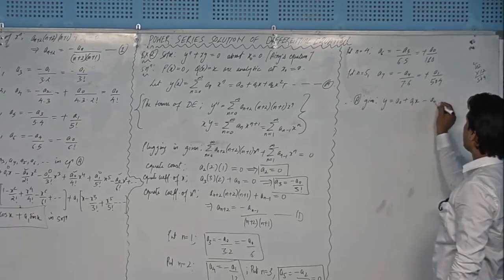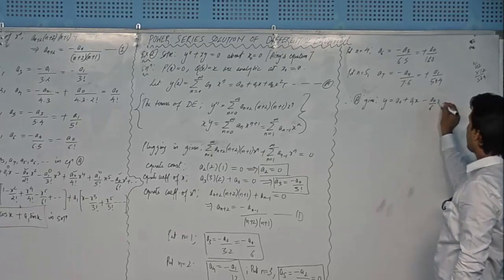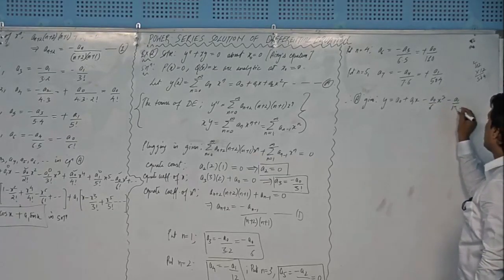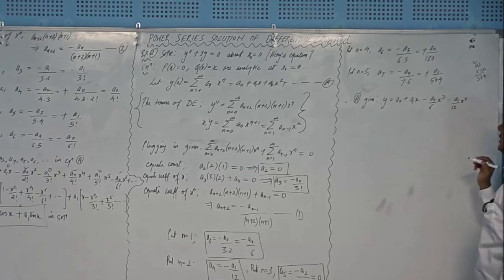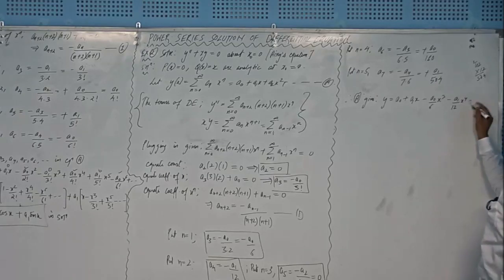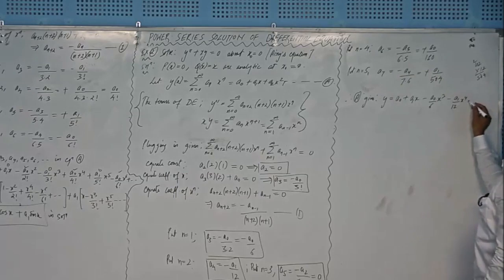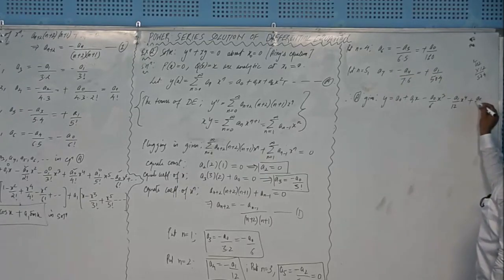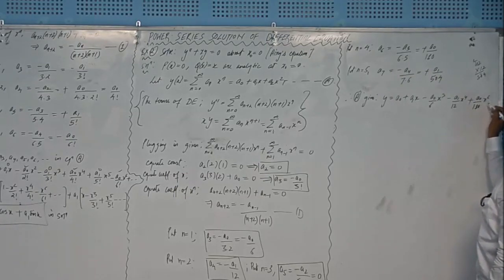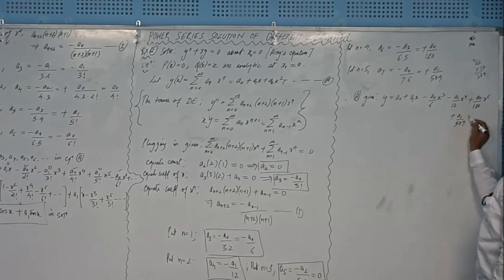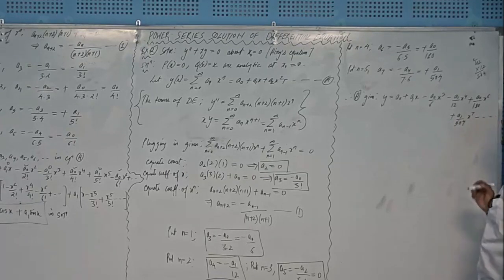A3 is minus a naught over 6 x cube. Then what is a4? Minus a1 over 12 x to the power 4. Then a5 is 0, means x to the power 5 term will be absent due to this. Then a6, so plus a naught over 180 x to the power 6, then plus a1 over 504 x to the power 7, and so on, right?